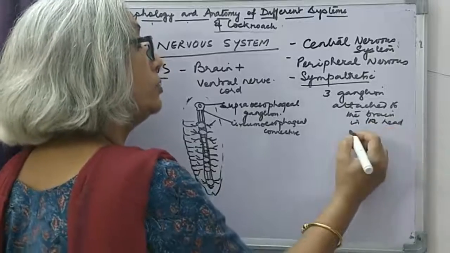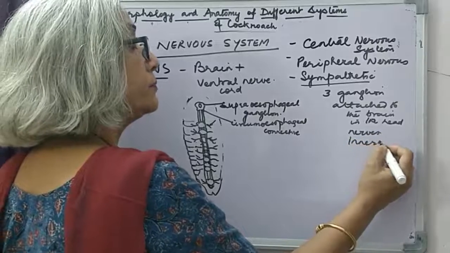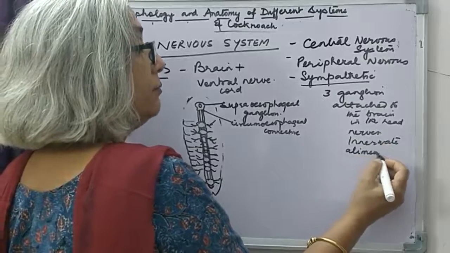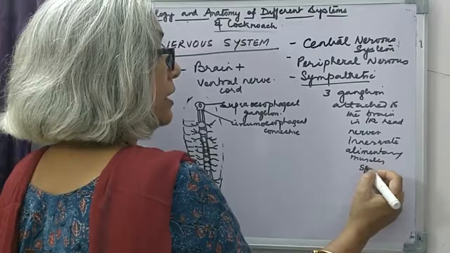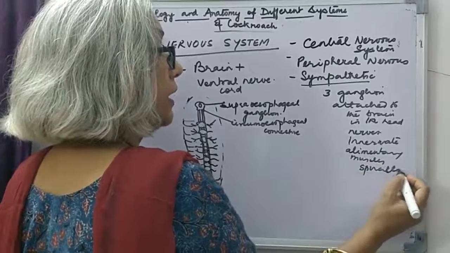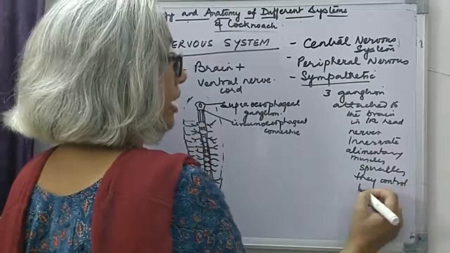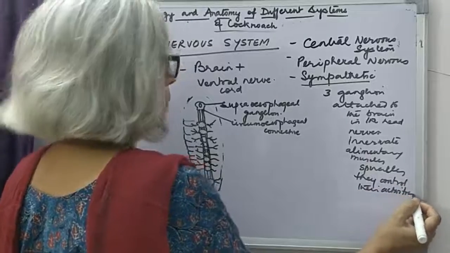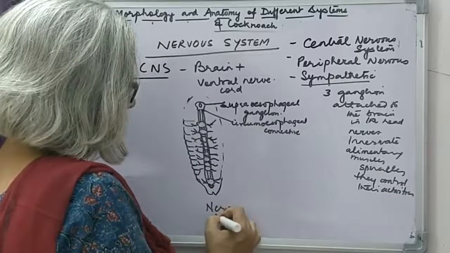And they produce nerves which innervate the alimentary canal, muscles, spiracles, and they control their activities. So this is the nervous system of the cockroach.